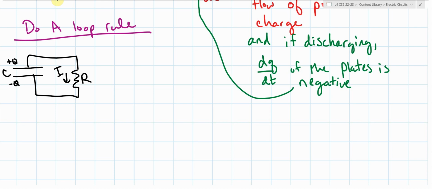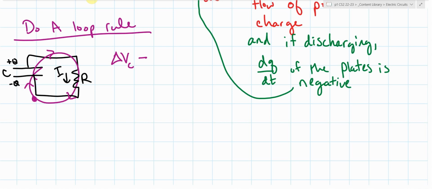Okay, so at any given moment, there is charge Q, all this stuff's happening. Let's do a loop rule. Let's start the loop here and make it go around clockwise. So if I do this loop rule, I'm going to cross the capacitor. We're just going to call that the delta V of the capacitor. Minus, because we're about to go through a resistor.